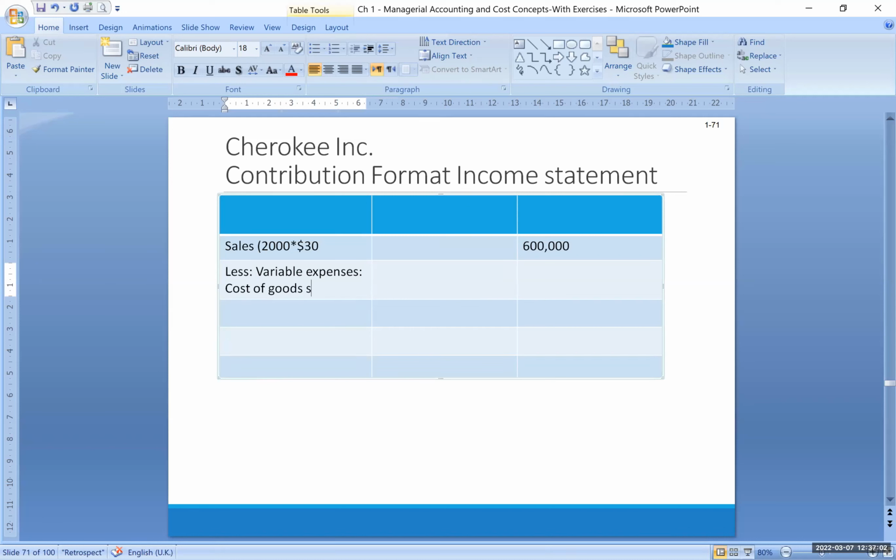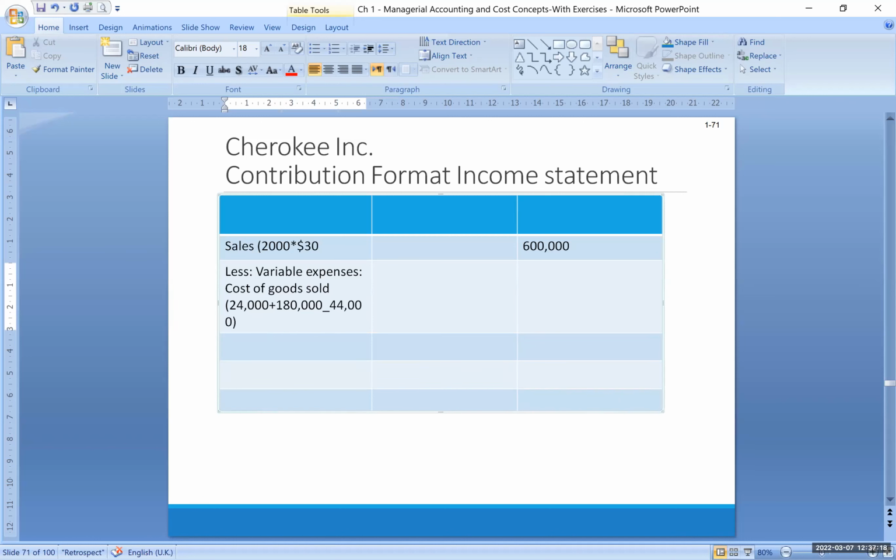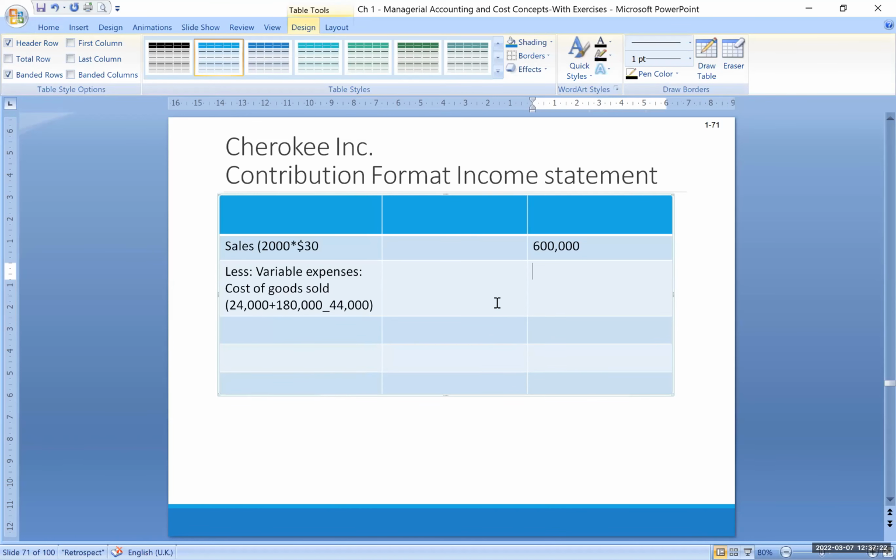This is calculated, if you remember, 24,000 plus 180,000 minus 44,000. The cost of goods sold is a variable component, and this equals 160,000.